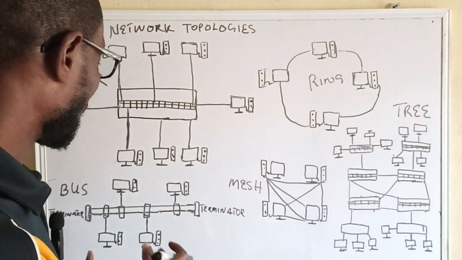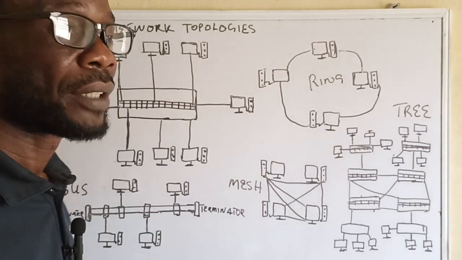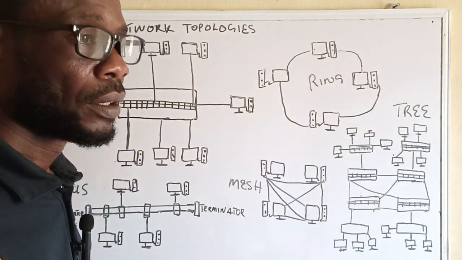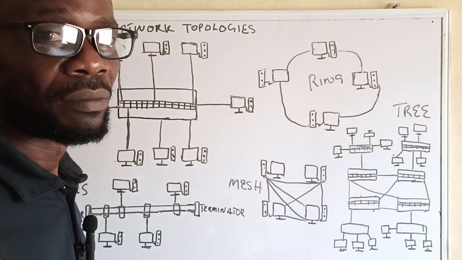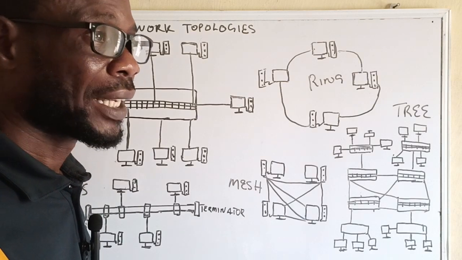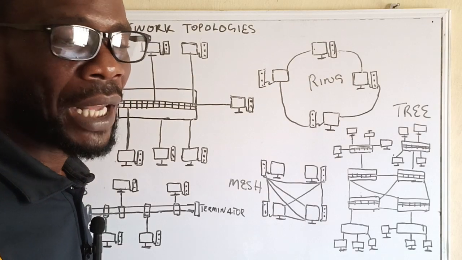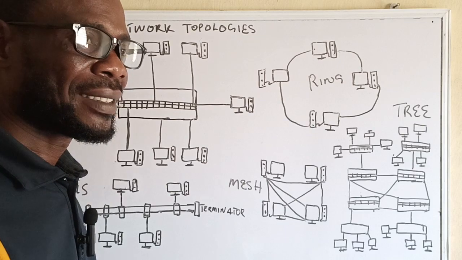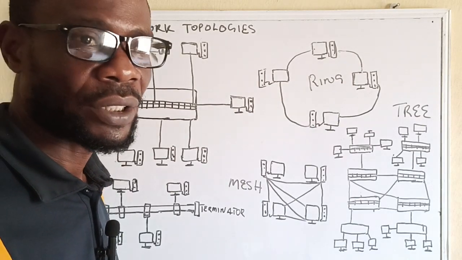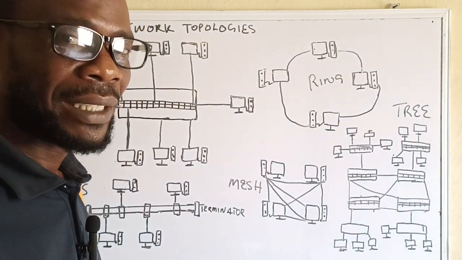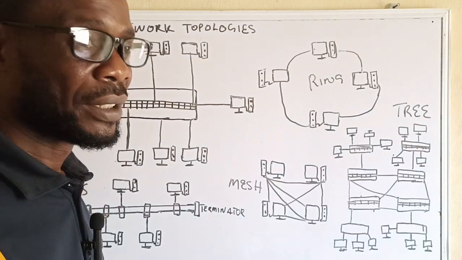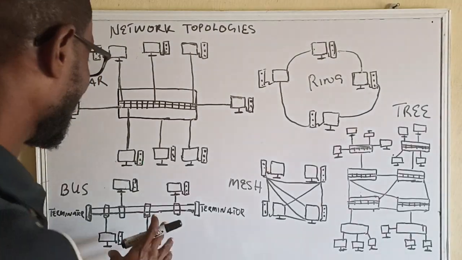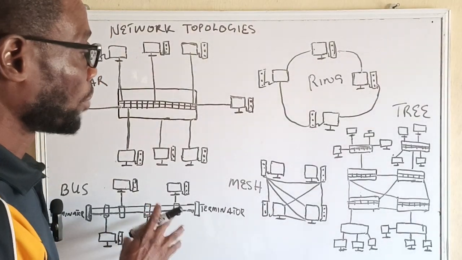Because most times when two systems try to communicate at the same time, they will collide. There will be a signal jam, and this access method, carrier sense multiple access with collision detection, is used to manage the flow so that this collision will never occur. So that is for bus topology.